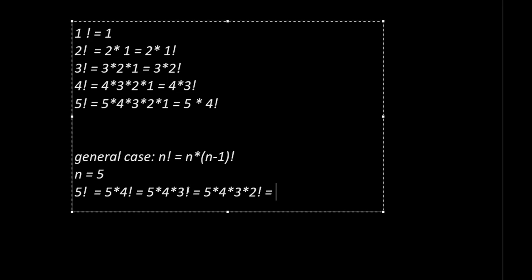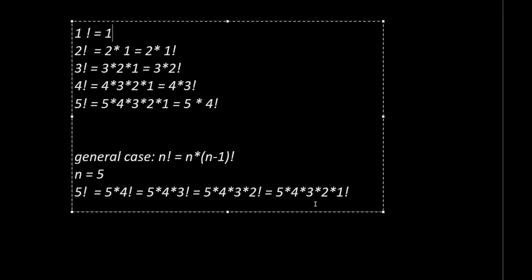And again it comes like 5 into 4 into 3 into 2 into 1 factorial. Now the question is, what is 1 factorial? 1 factorial is 1. So by analyzing this, where do I stop my code?